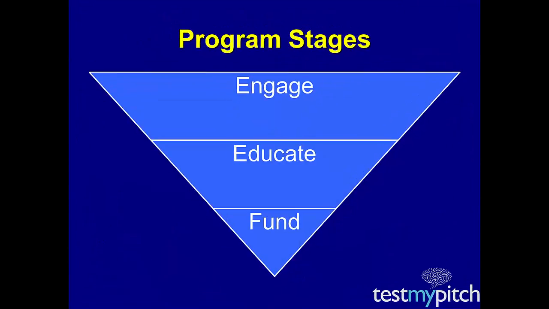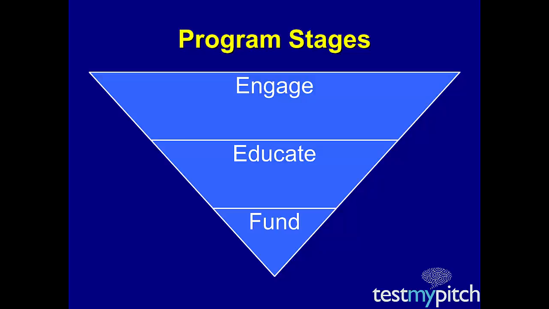Now, if we reflect on the types of pitch events, and then put them against what we normally see as program stages, this could be within an economic development environment, in an accelerator or incubator. It could be in a university situation or in a corporation.